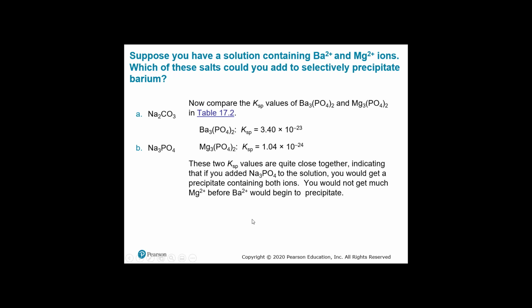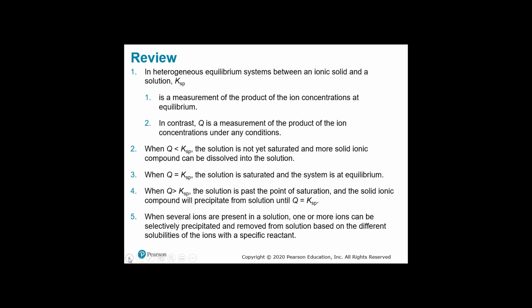It indicates that if you added sodium phosphate, you would get a precipitate of both ions. You would not get much magnesium before barium would begin to precipitate out. And we don't want that. If you selectively want one, you want a larger difference in KSP value between them, or you're going to pull out both of them.